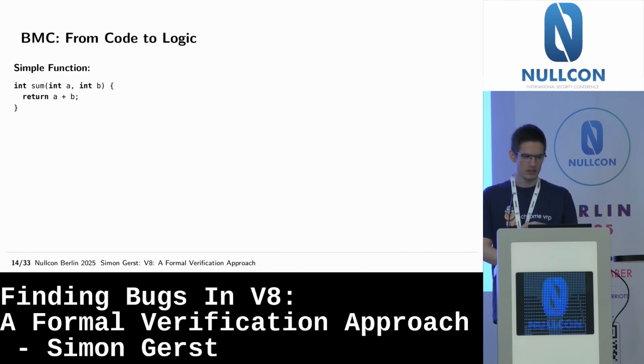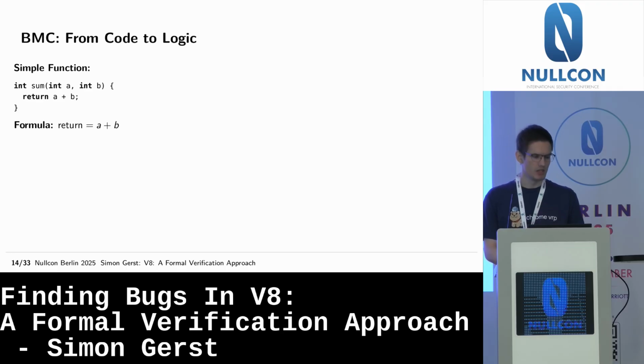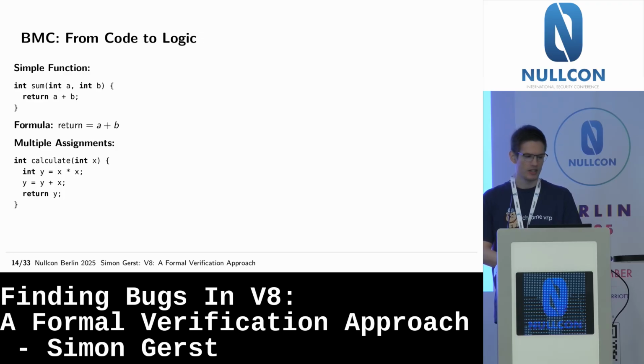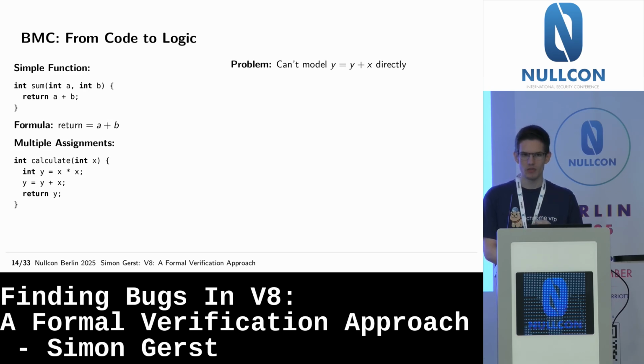For example, for simple code like addition, we just generate a formula which says that the return value of the sum is the same as a plus b. This gets a bit more difficult if you have multiple assignments. If we have y is x times x and y is y plus x, then how do you model it? y is equal to y plus x. There is no time in your mathematical formula. It doesn't know that one instruction is executed before another instruction.